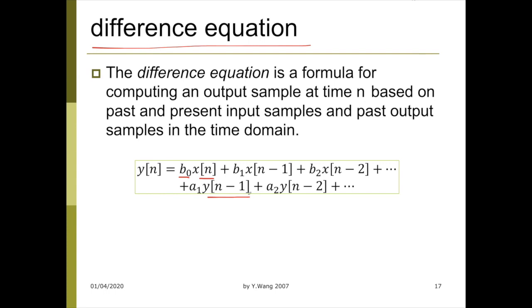However, this equation doesn't give us any insight into what type of filter it is. Is it low pass, is it high pass? We don't know. So that's why we need a different way of looking at this filter, to be able to mathematically tell us whether this filter is low pass or high pass, the spectrum property of it.